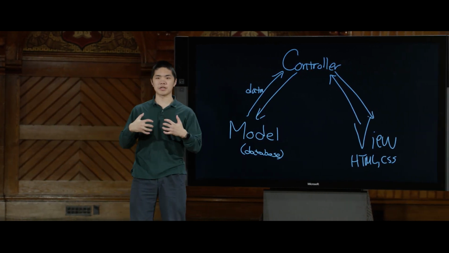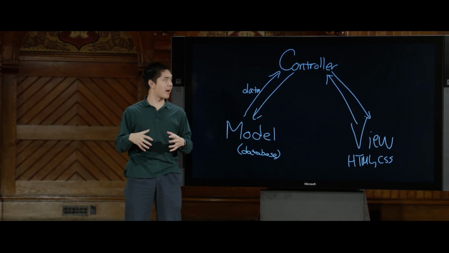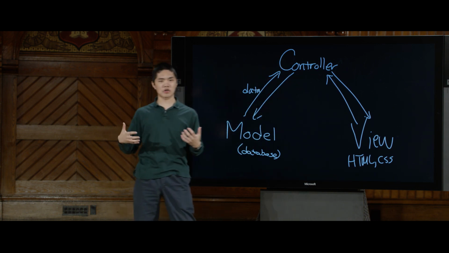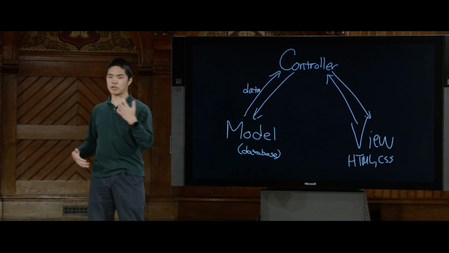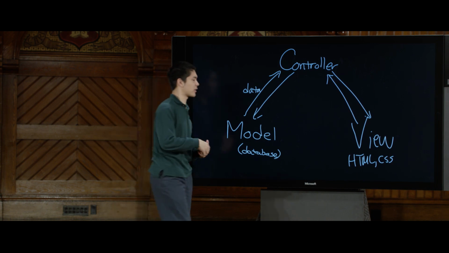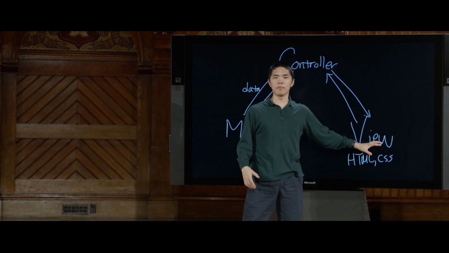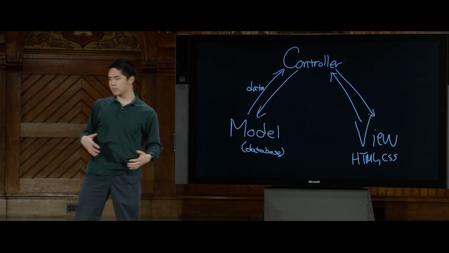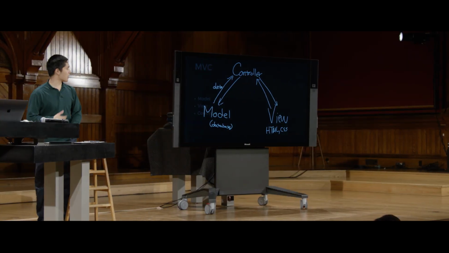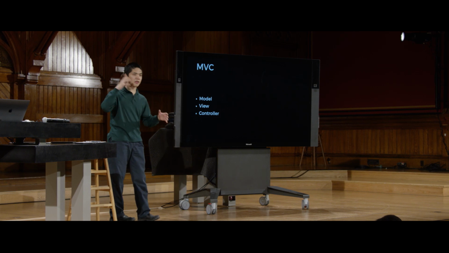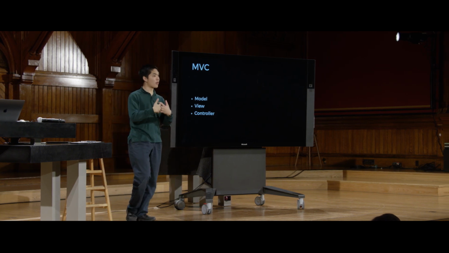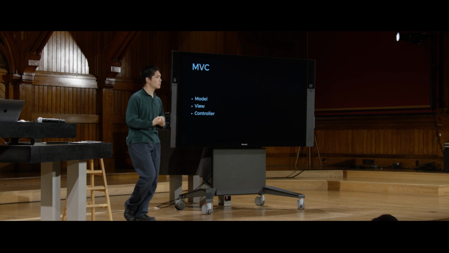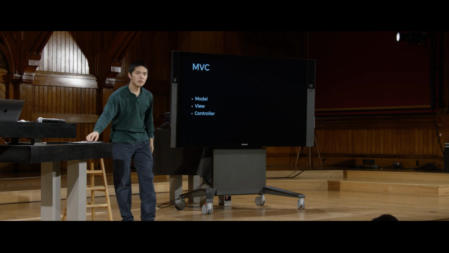So there's this interaction here between the model, like the data of your program, the controller that's actually doing the interesting logic of handling user registration, about looking up stock quotes, for instance, and then rendering the view, which is ultimately what the user sees when they go to your page. And so that's this idea of the model view controller paradigm, of these different parts of the web application that all interact together in order to be able to function as a cohesive whole. Questions about that?